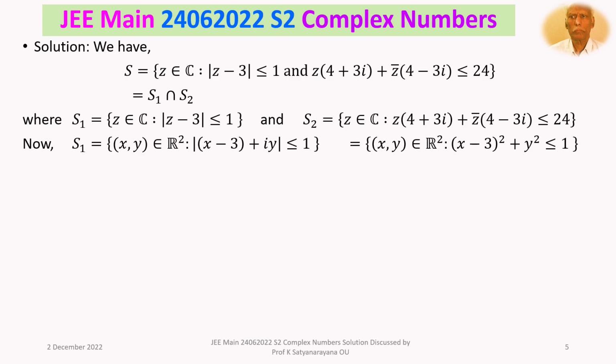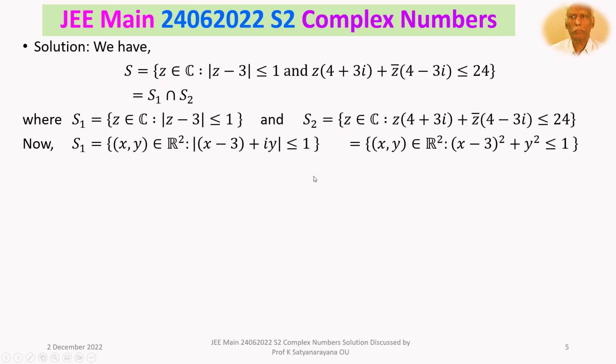That is the same as (x minus 3) whole square plus y square less than or equal to 1. So put z equal to x plus iy in that. Then the set consisting of all ordered pairs x, y belongs to R square such that mod of (x minus 3) plus iy is less than or equal to 1. And when you take the modulus square, this is still less than or equal to 1, and that will be (x minus 3) whole square plus y square less than or equal to 1.